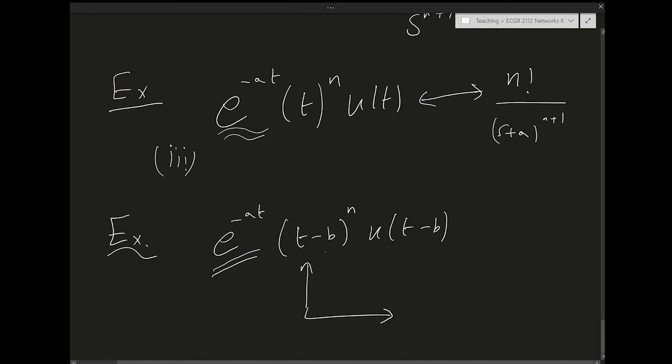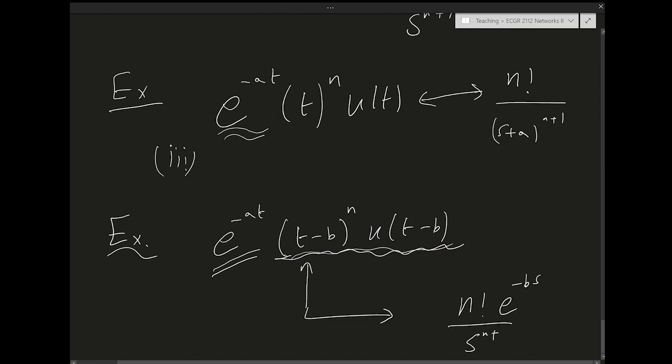This by itself would transform to n factorial over s^(n+1), and then it's shifted by b, so it will have e^(-bs). This is the transform of this thing by itself, but then it's multiplied by e^(-at).